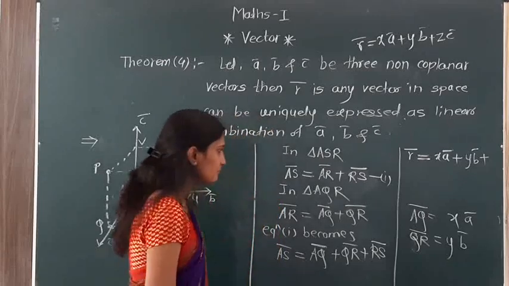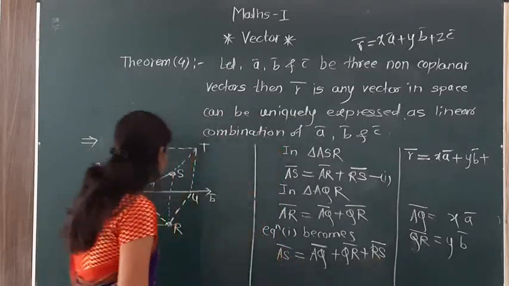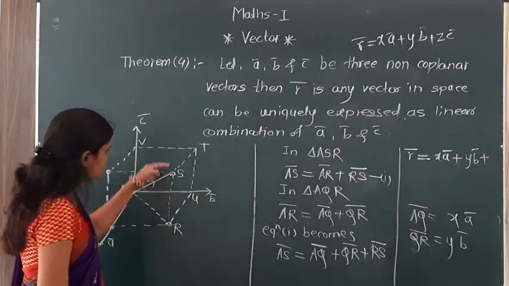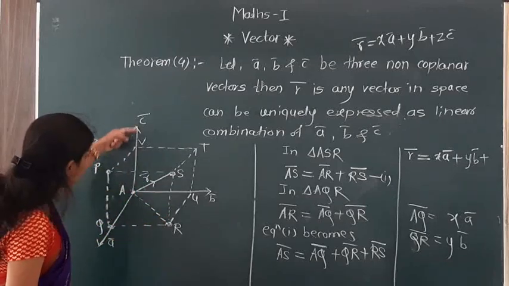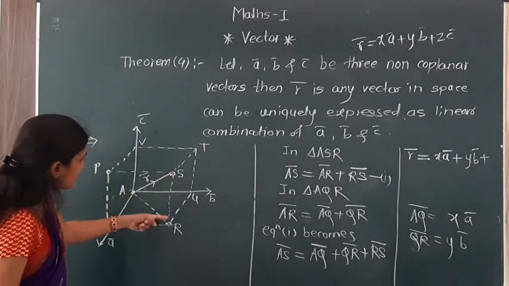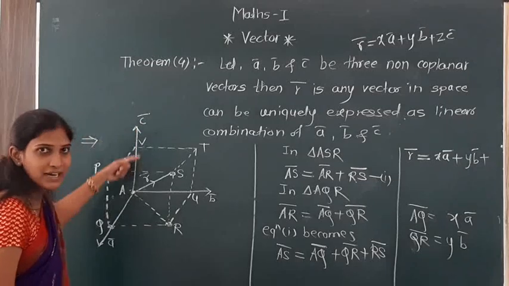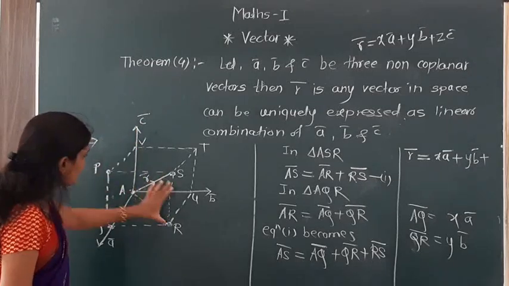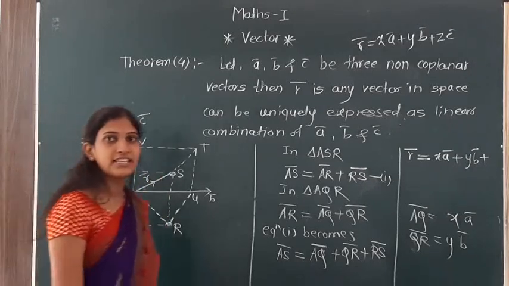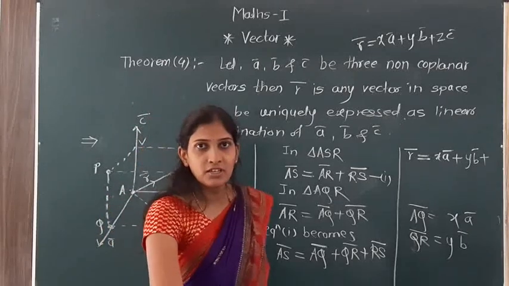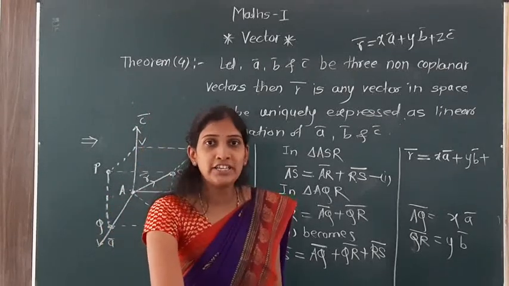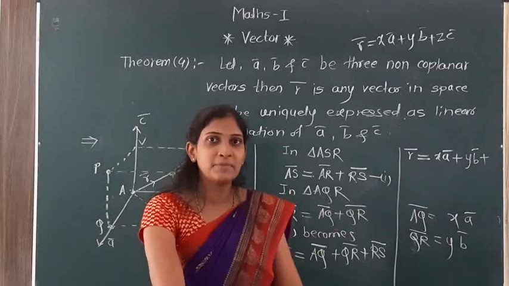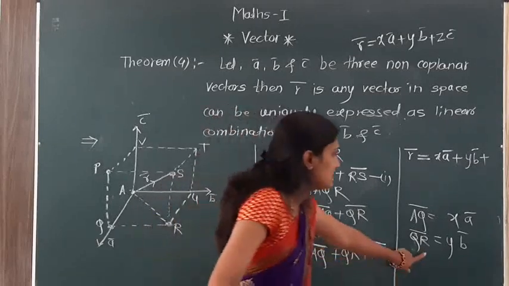Plus, now RS bar. This RS bar is parallel to C bar. If two vectors are parallel to each other, then they are collinear. And if they are collinear, then one vector is a scalar multiple of the other, like this.